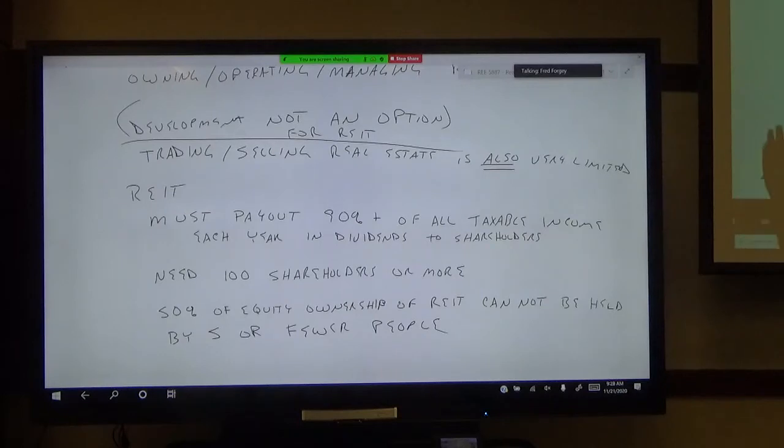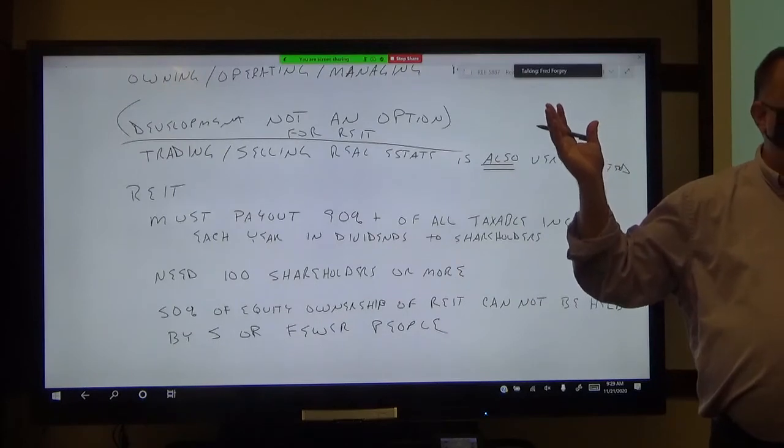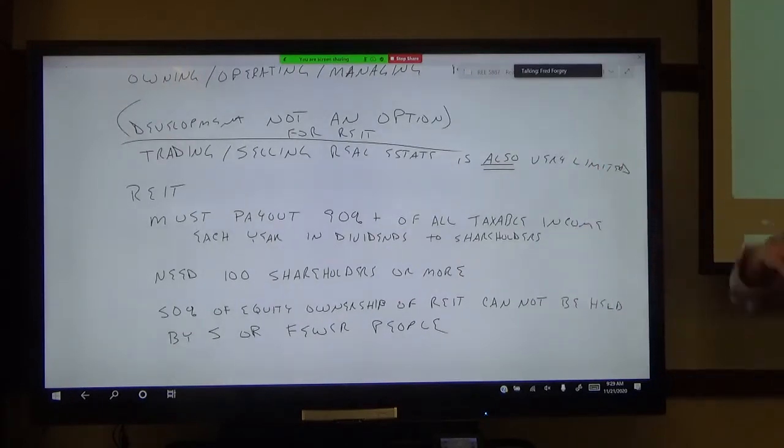If you've got 100,000 shareholders, you're limited in which one you can do. If you've got 5 shareholders, you're also limited in which one you can do. If you want all the legal protections afforded to you in the ownership structure, you're limited in what you can do, so you see my point.